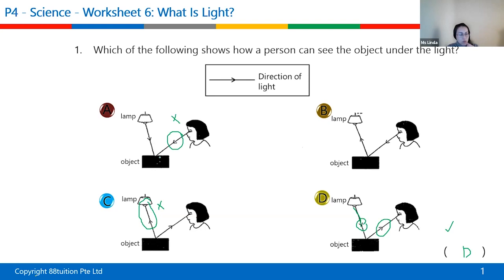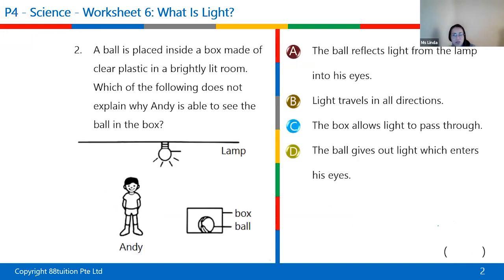Because if it goes from your eyes to the object, it means the light is coming from your eyes. Our eyes are not like Superman or a bionic woman who can shine out lights. No, our eyes don't do that. We're not superhuman. So just make sure you know where your arrow goes. All right, so obviously these two are wrong. Okay, good job. Let's go on to the next one.